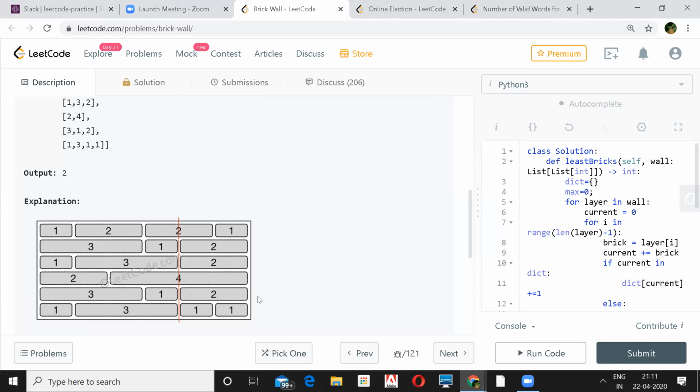So for first row, if we choose width 1, then there will be no intersection in first row. Then if we go to second row, and if we choose width 1, then there will be an intersection because there is no ending at width equal to 1 in second row. Then I go to third row, in which again I check there is an ending at width equal to 1. So in third row also there will be no intersection. Then in fourth row there will be intersection, and similarly in fifth row there will be no intersection. So answer for this case will become 3 when I choose width equal to 1.